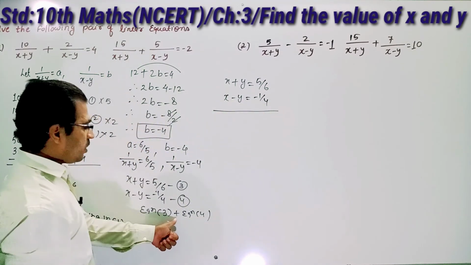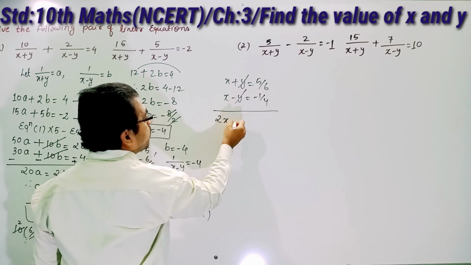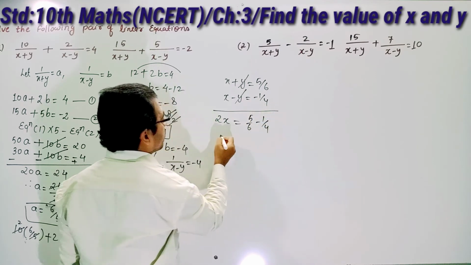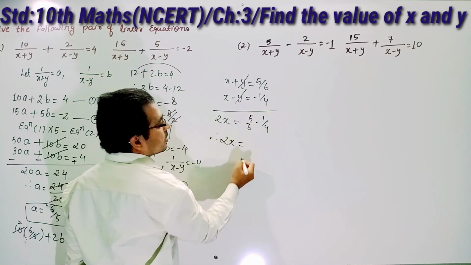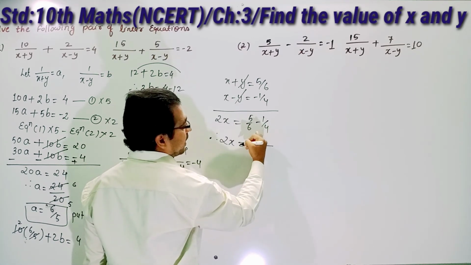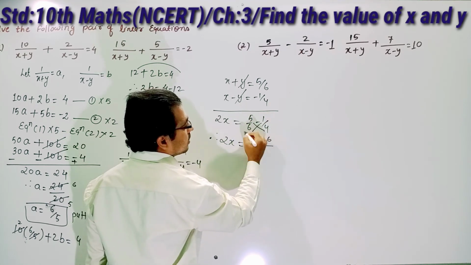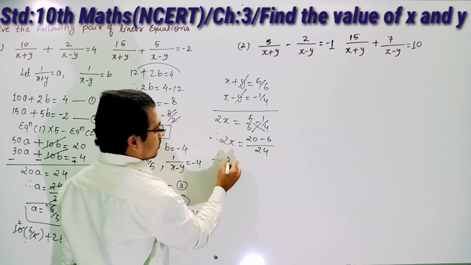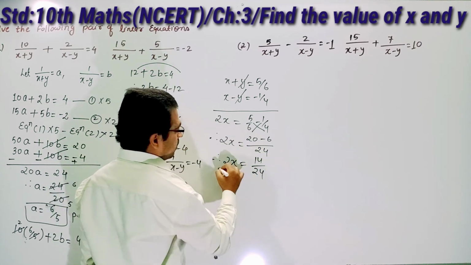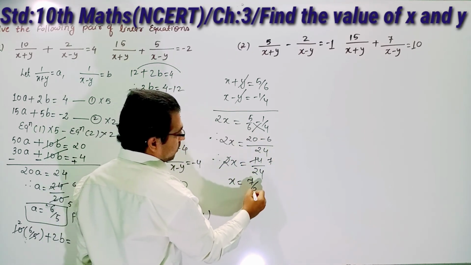We are adding, so x plus x is 2x, and here 5 by 6 minus 1 by 4. Okay students, so 2x is equal to, we can do cross multiplication, otherwise we can take the LCM. Suppose we take cross multiplication, 20 minus 6, 24. So 2x is equal to 14 by 24. This will be cancelled out, 7. So x is equal to 7 by 24.